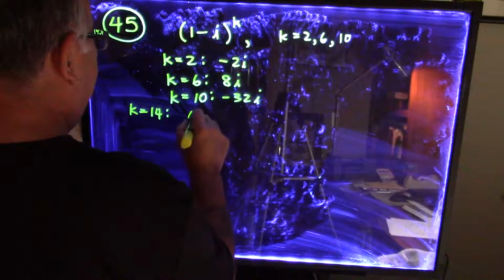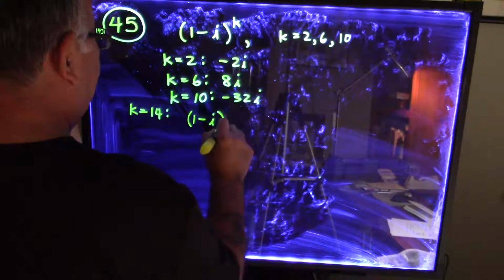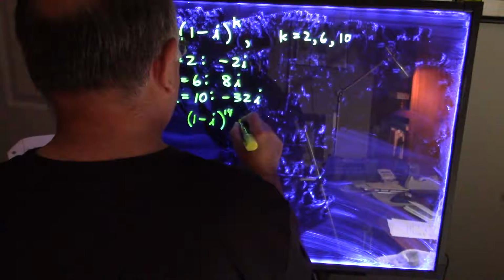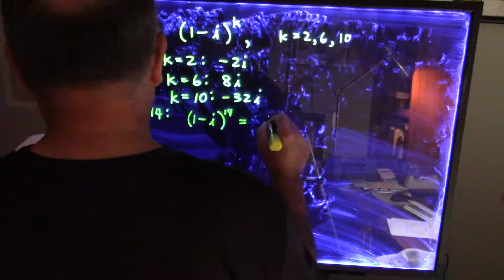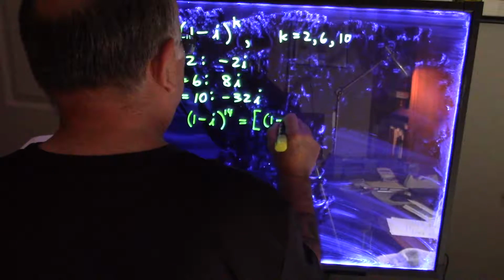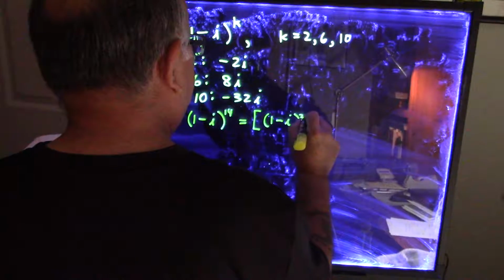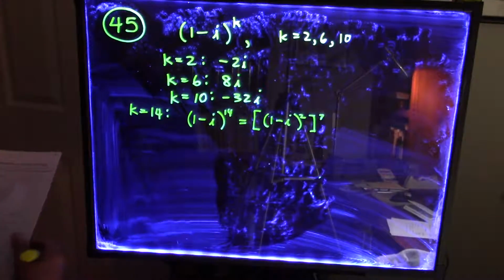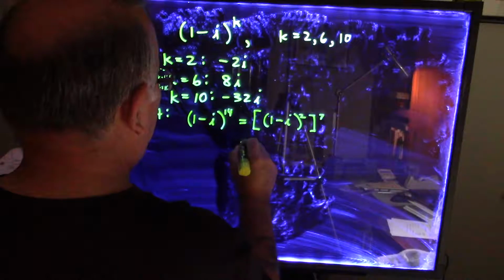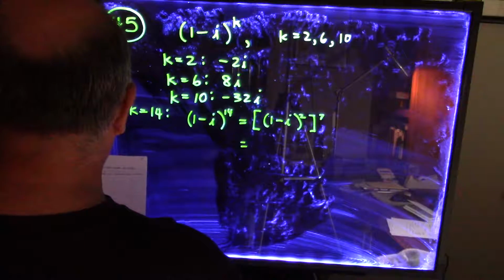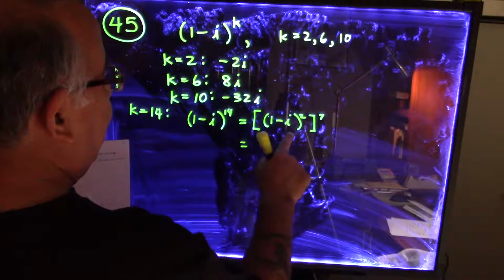We've got (1 minus i) to the 14th power, and that equals (1 minus i) quantity squared, to the 7th power. We already know what (1 minus i) squared is.